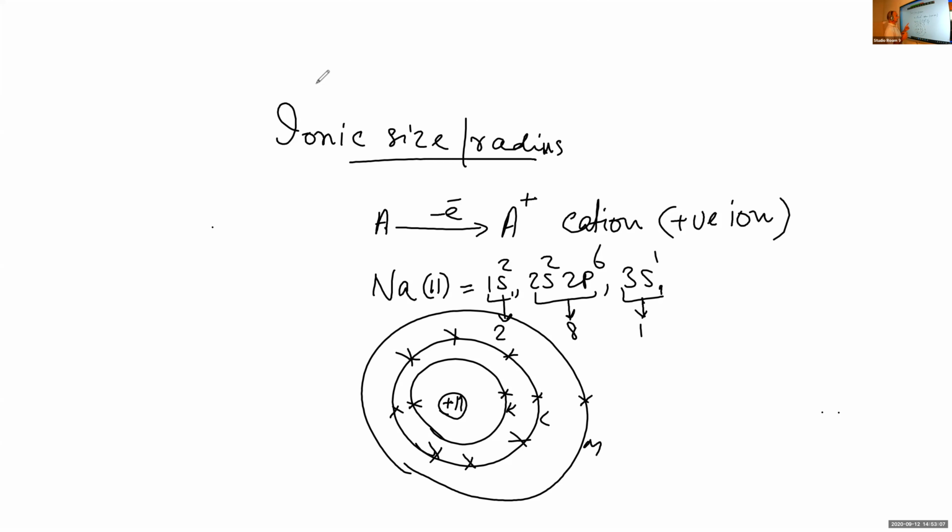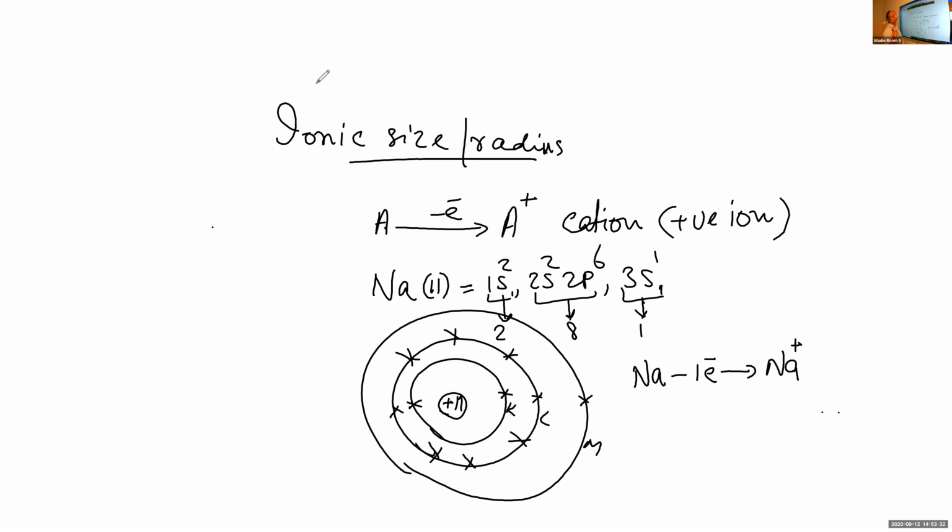Now, you remove 1 electron from the sodium atom. So, sodium atom minus 1 electron. Then what do we get? We get Na plus ion. The positive ion, the cation, is formed by the loss of 1 electron from the sodium atom.